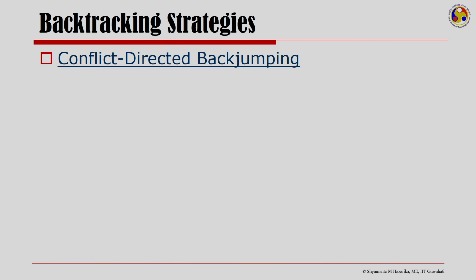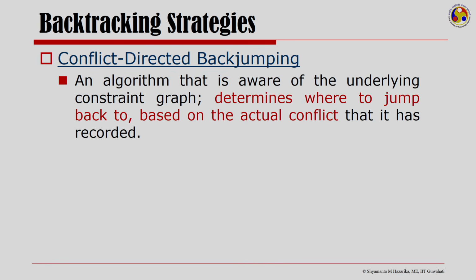Now we will look at one more variant of back jumping called the conflict directed back jumping. We will simply introduce the idea here, and working through an example, I leave it as an exercise for the readers. The conflict directed back jumping is an algorithm that is aware of the underlying constraint graph.